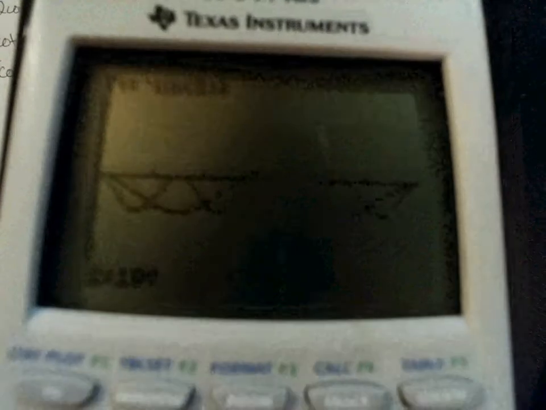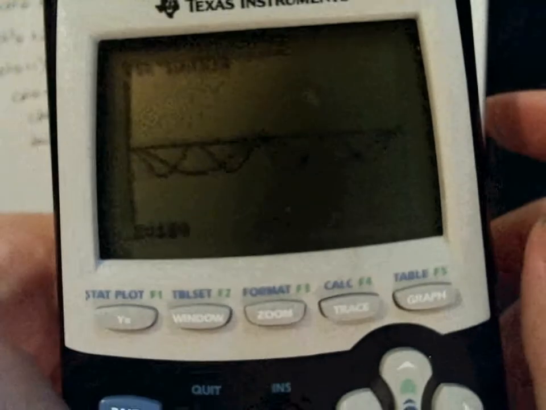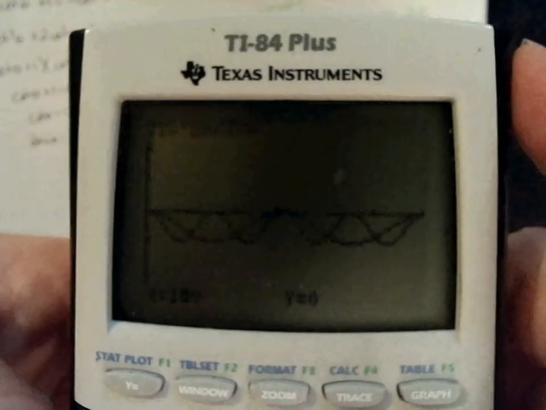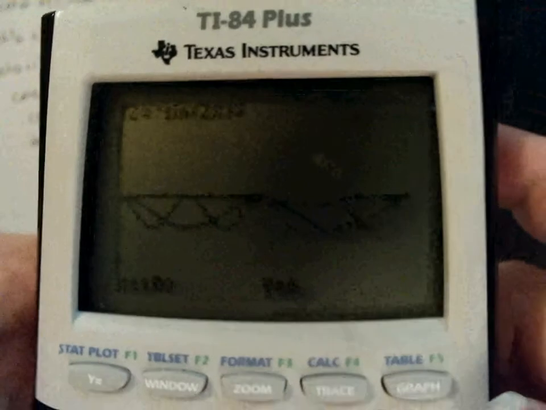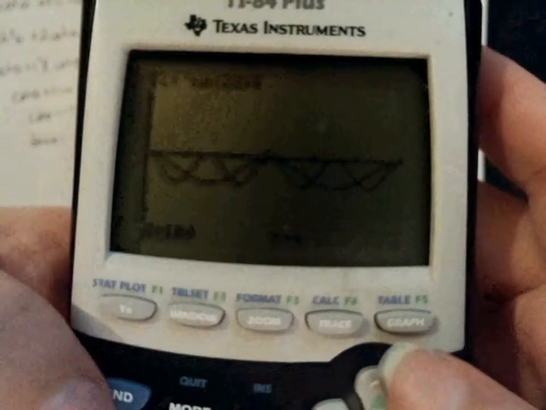I hate that it's so blurry, and the lighting is terrible. Okay, so this is y1, and it's 0, and then y2, if I go down, it's also 0. I'm pretty sure the same thing can be said for 0 and 360.